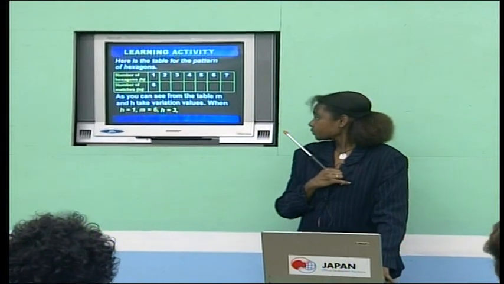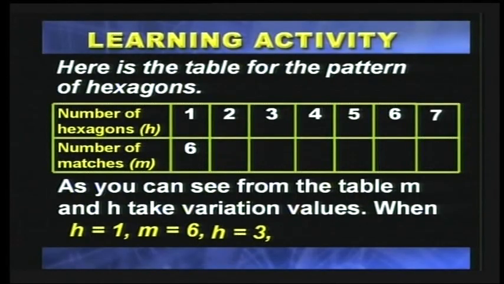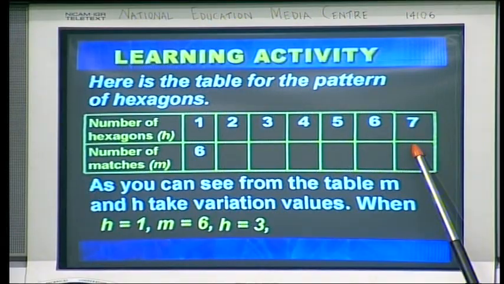Hexagons. Look at the table very carefully. Number of hexagons, given in brackets, the symbol is what? H. And we have 1 hexagon, 2 hexagons, 3 up to 7.